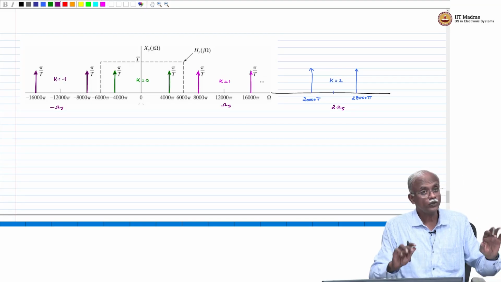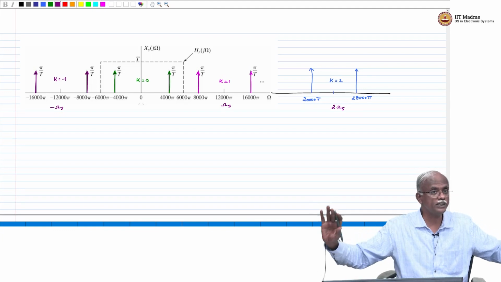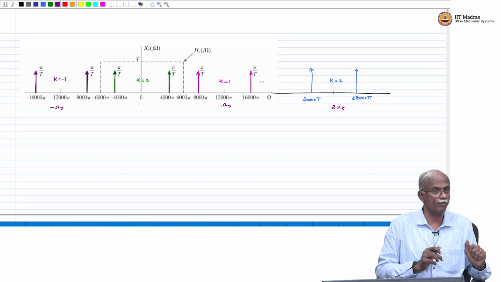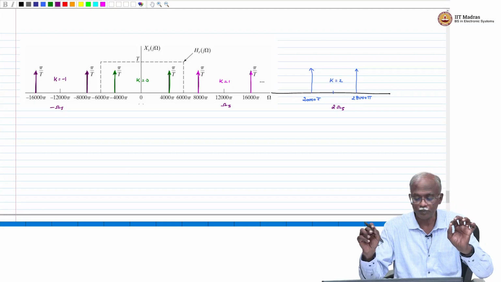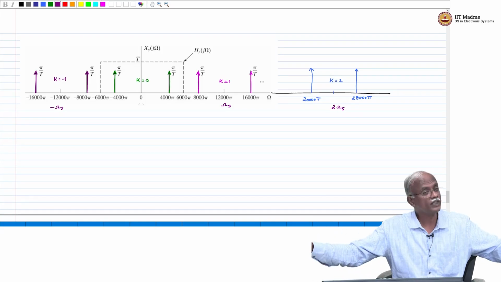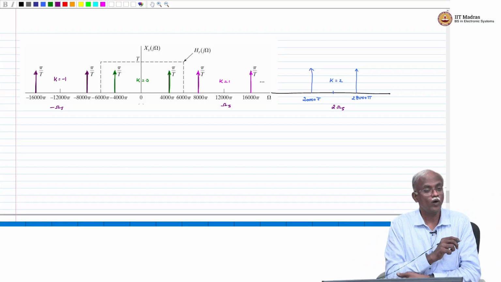Okay. So you can see how an infinite number of copies have been generated through the process of sampling. You started out with 4000 pi and minus 4000 pi, but in the process of sampling you have generated other copies of the signal. Now, if you want to do reconstruction, what will you do?